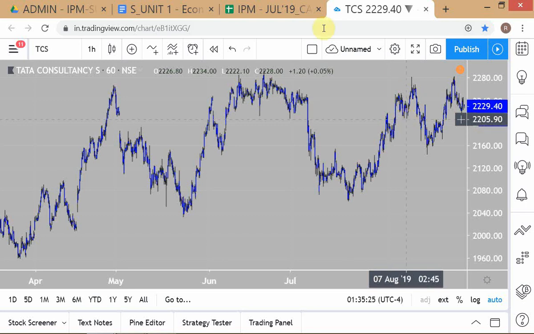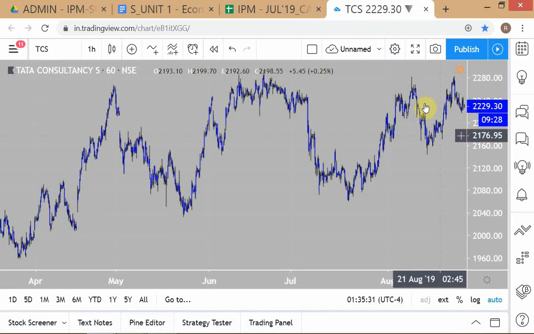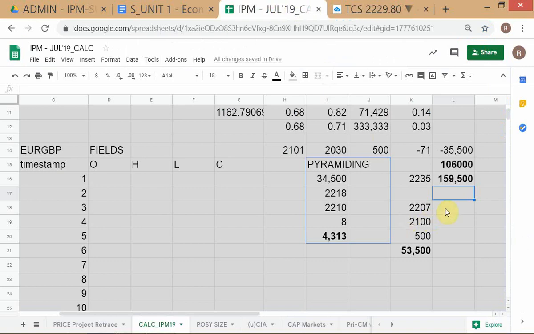The right approach should be applied on a gross basis, which means you should calculate what is our decision problem? How many shares can I afford to buy at 22.35 with this plan? This is the stop, 2207.